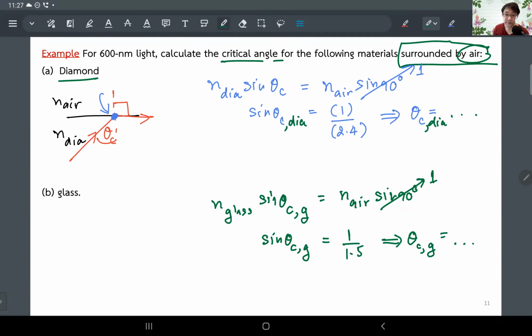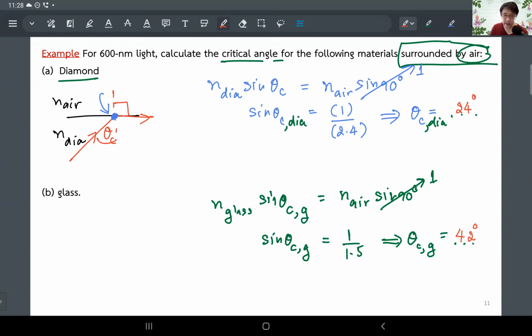All right, so did you get the angle? If I remember correctly, for the diamond it's about 24 or something, somewhere around there. And for the glass, it's like 42 maybe, somewhere around that area. Do you feel anything about this one?